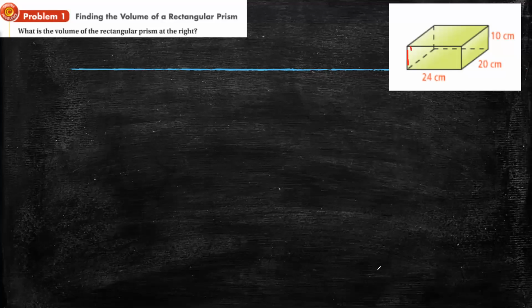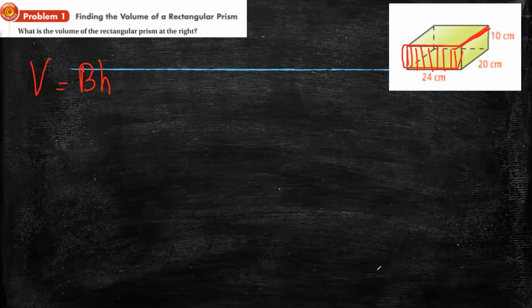This side here is my base. I told you that the volume of the prism is the area of the base times the height. Now, one of you says, teacher, I want to make this my base, and this is the height that is perpendicular on the base.